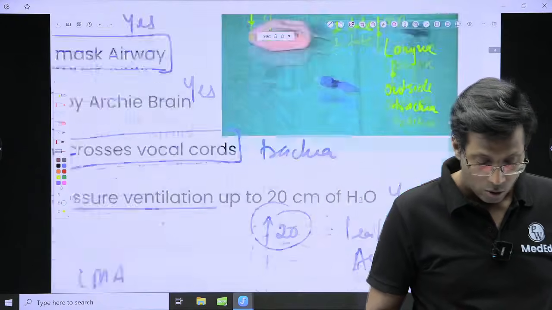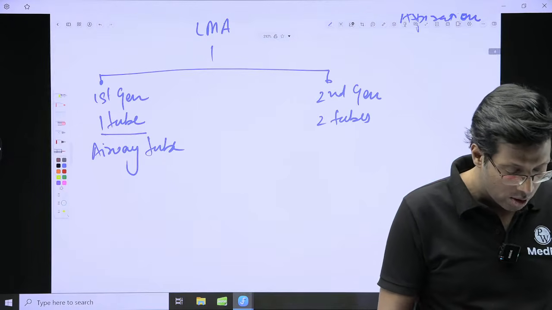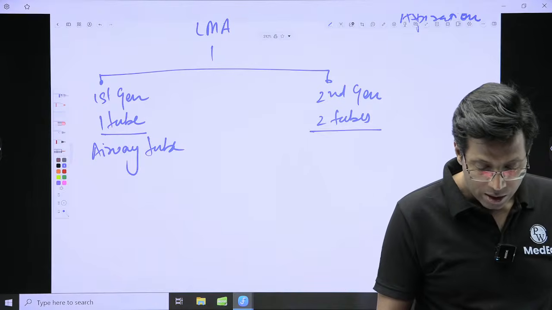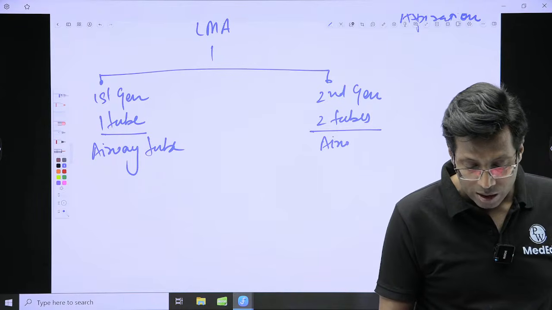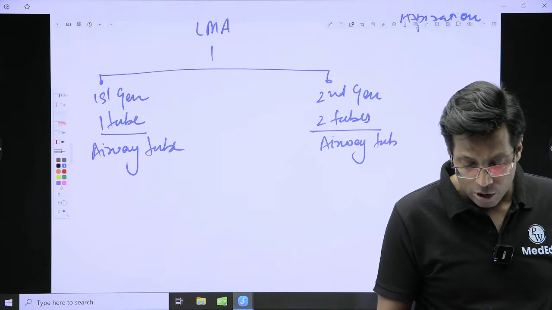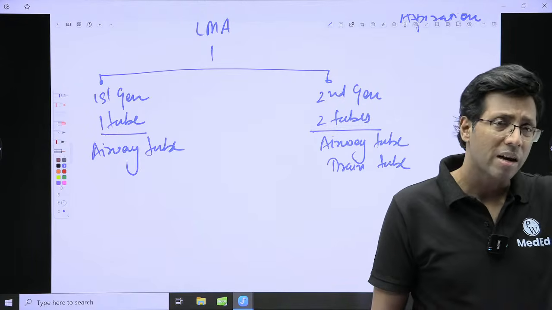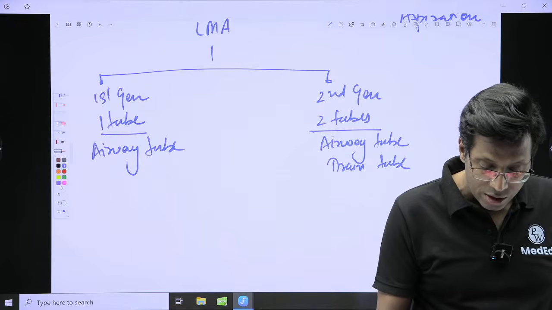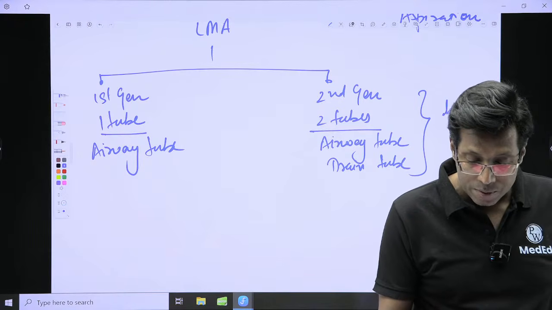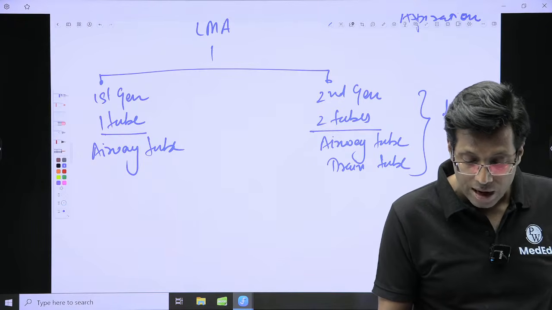Okay. Now, when you can see two tubes, it is called second generation LMA. Here you are going to get an airway tube. Apart from that, I'm also going to get a drain tube. The biggest advantage is that this second generation LMA helps to decrease chances of aspiration.